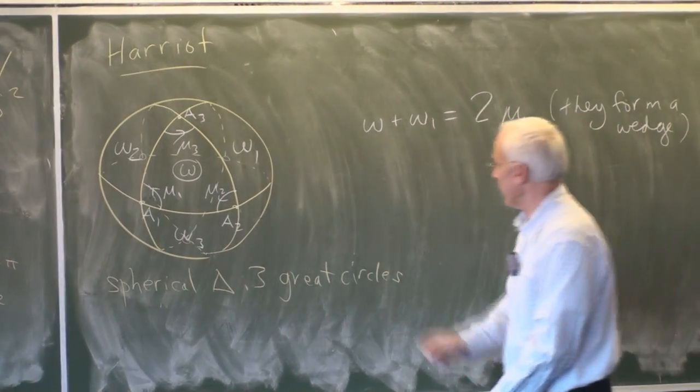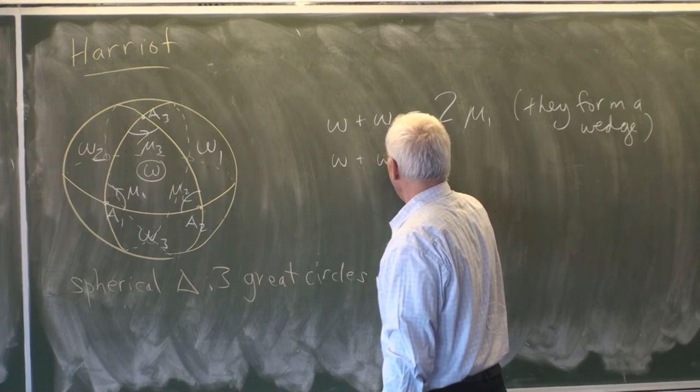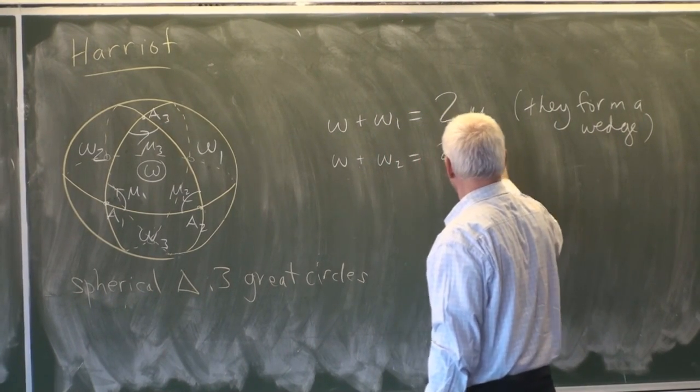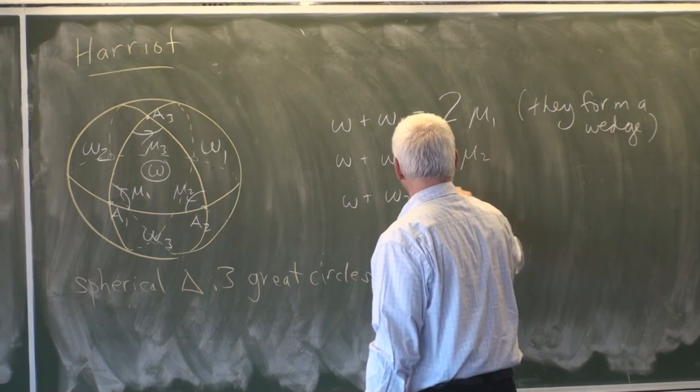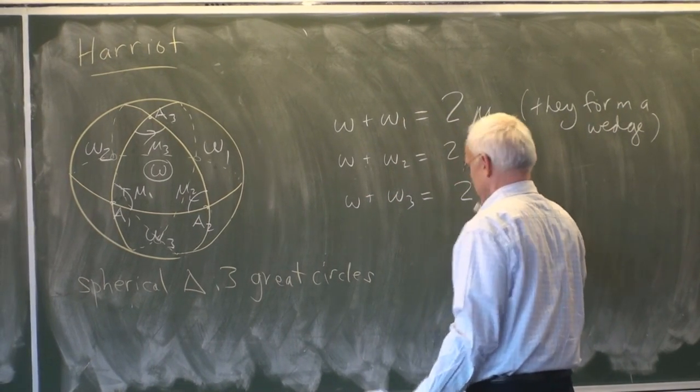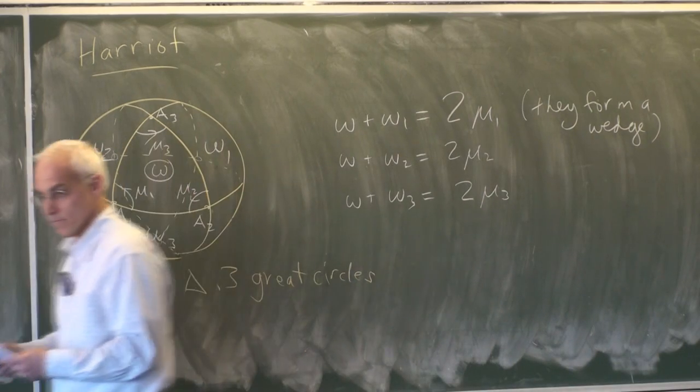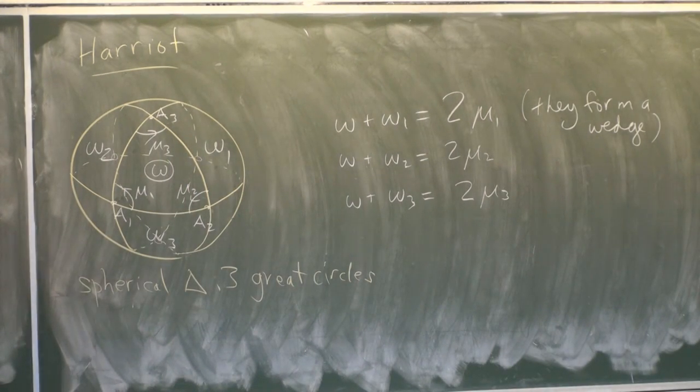And similarly, omega plus omega 2 will be 2 mu2. And omega plus omega 3 will be equal to 2 mu3. And there's 3 equations in 4 unknowns. We need 1 more equation.